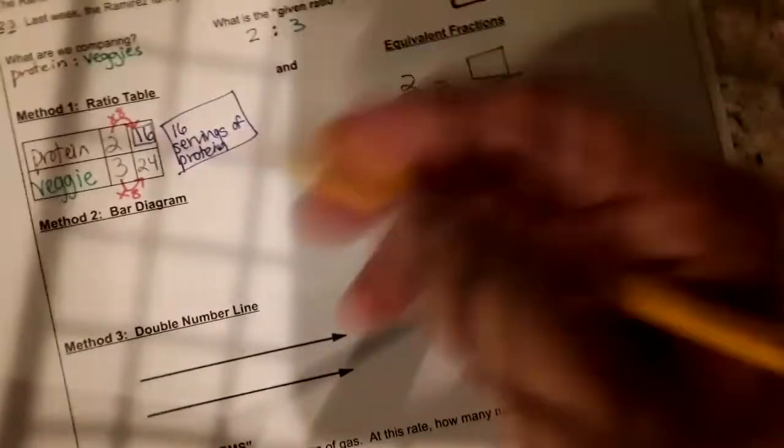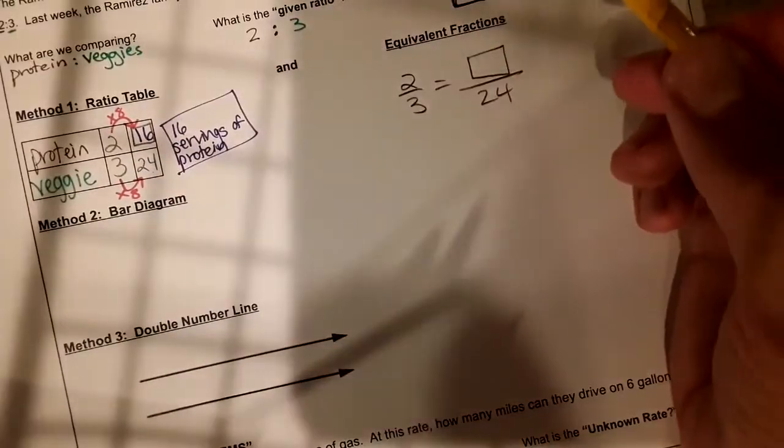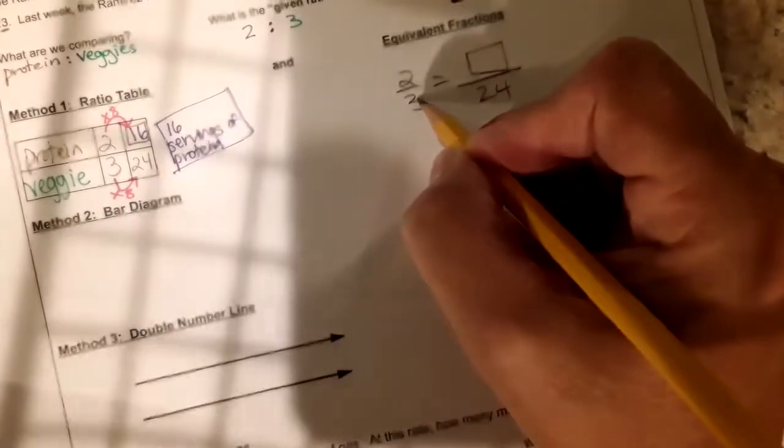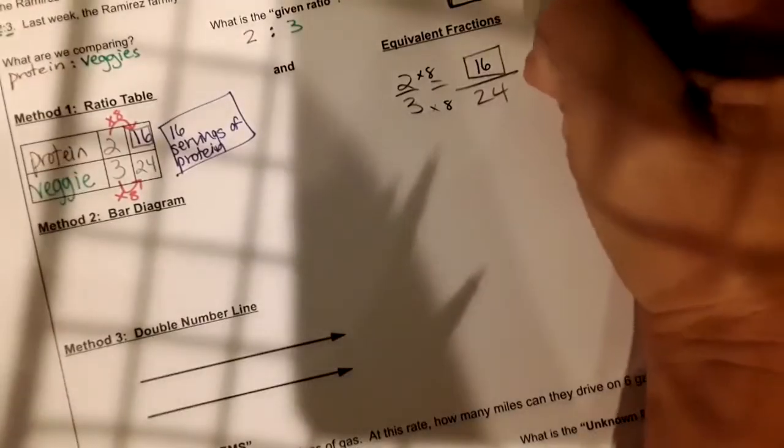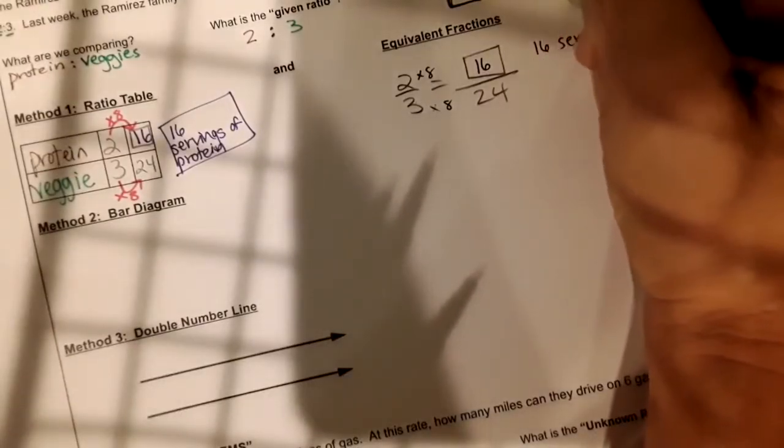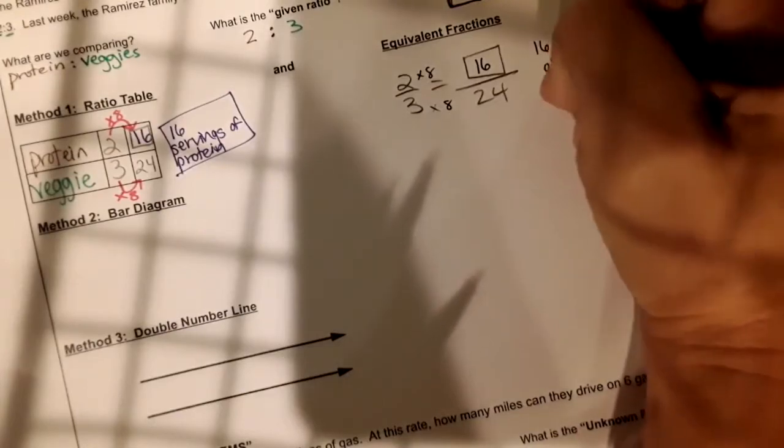That's it. You don't have to do the whole table. You don't have to write it all out. You just go, okay, what did they do to 3 to get 24? Times 8. Times 8 is 16. Same destination.